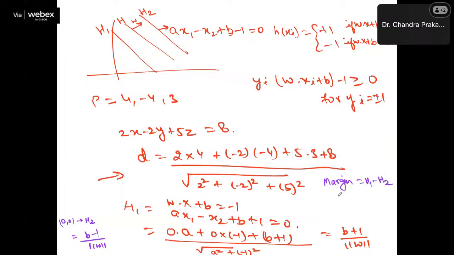If we put in the values over here, h1 is b plus 1 over the weights, minus b minus 1 over the weights. So it came out to be 2 by the norm of W. Our aim is to maximize this margin such that it follows the line equations.